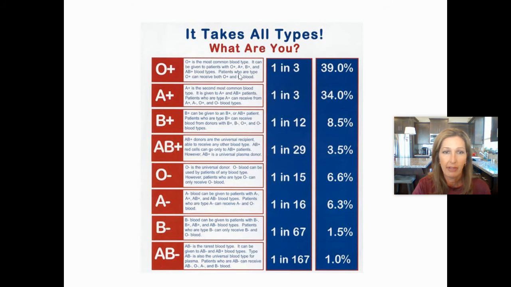Now, as far as blood type is concerned, I am super normal and common. Being O positive is the most common type of blood in the United States. The least common is AB negative, where about 1% of the American population is AB negative. That would mean they have the A antigen, they have the B antigen, but they do not have the Rh antigen. Having the Rh is pretty common, it's the dominant allele.